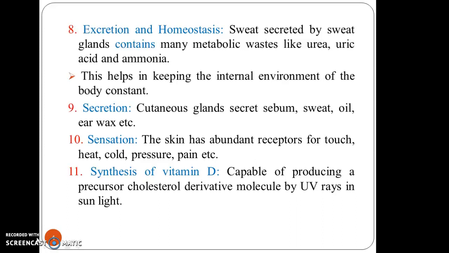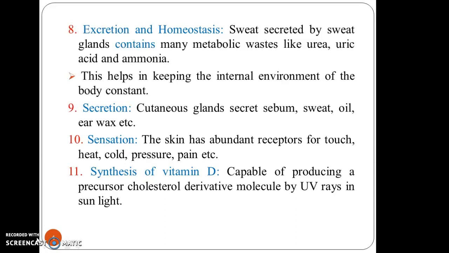Next is excretion and homeostasis. Sweat secreted by sweat glands contains many metabolic wastes like urea, uric acid and ammonia, and this maintains homeostasis. Homeostasis is nothing but the maintenance of the equilibrium of the body.